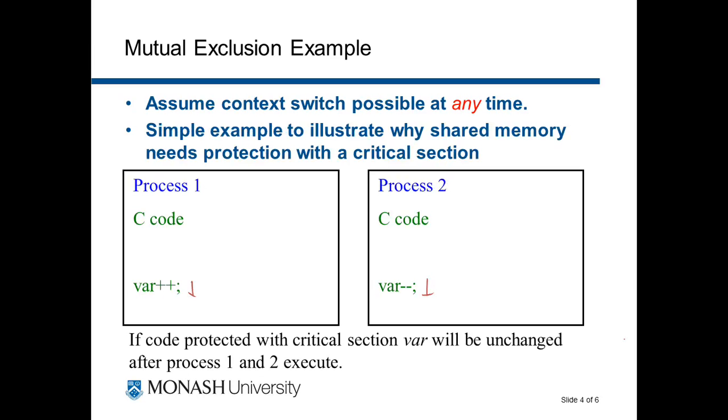So, can anyone suggest how I could have a problem here? One operation, incrementing and decrementing. Say I run process 1 and 2 at exactly the same time. How could I go wrong?